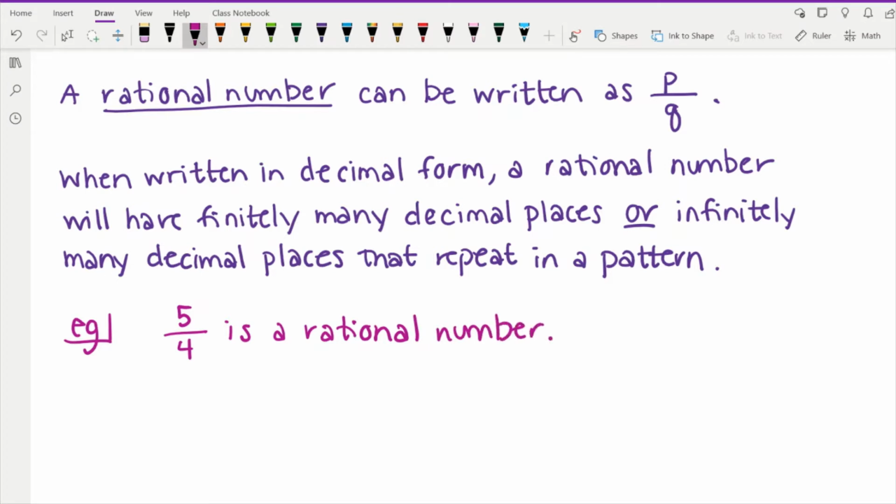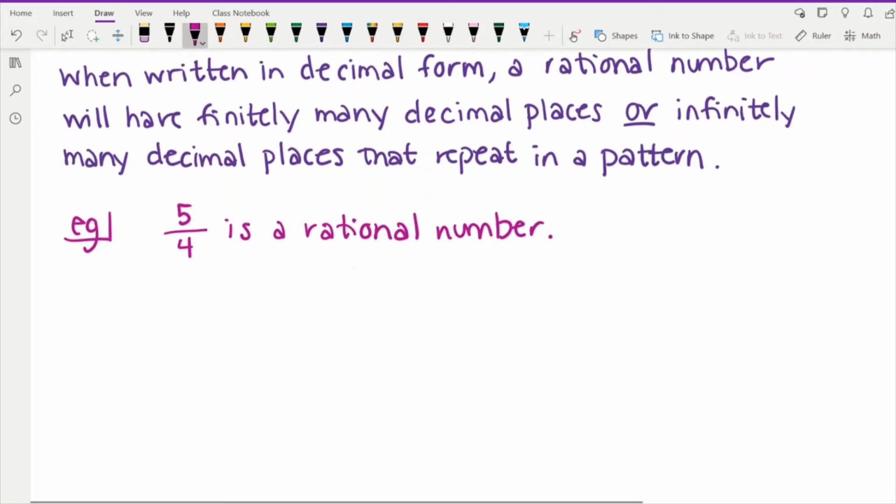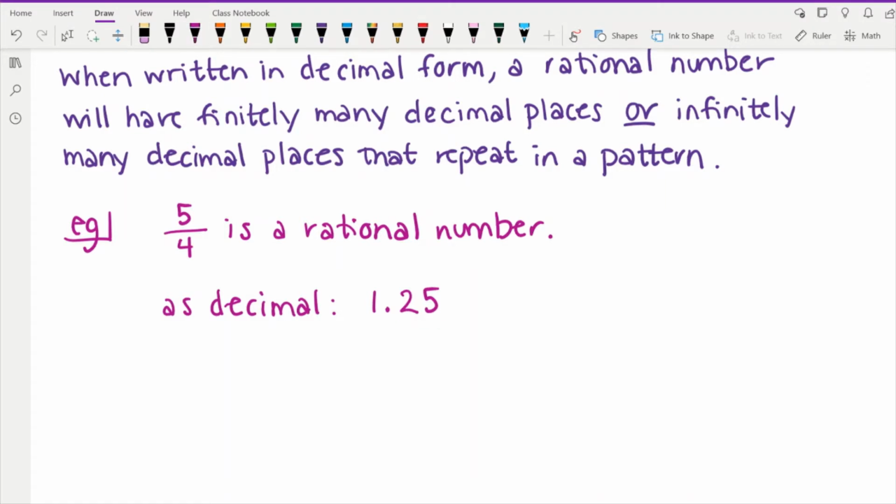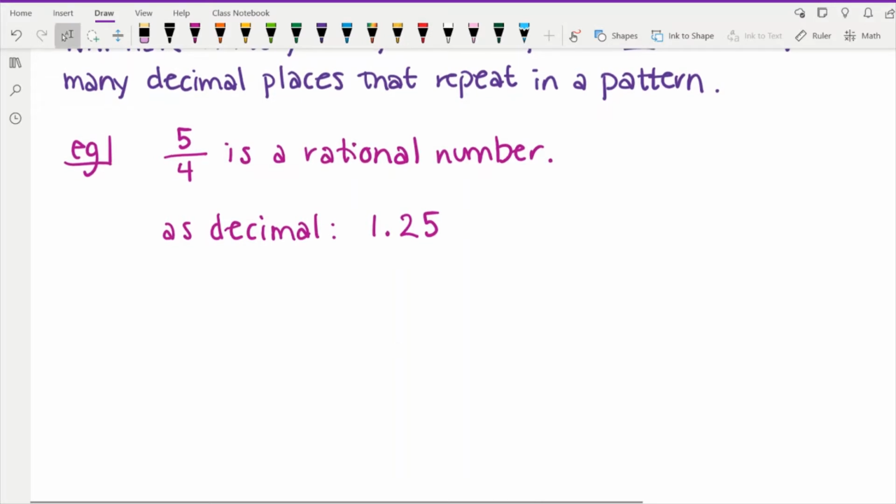So what would 5/4 be in its decimal form? 5/4 would be 1.25. So when I say finitely many decimal places, I mean there's only two, right? Here we have 1.25. So a rational number could have a lot of decimal places, but it's always going to stop at some point. Or it will repeat with a pattern.